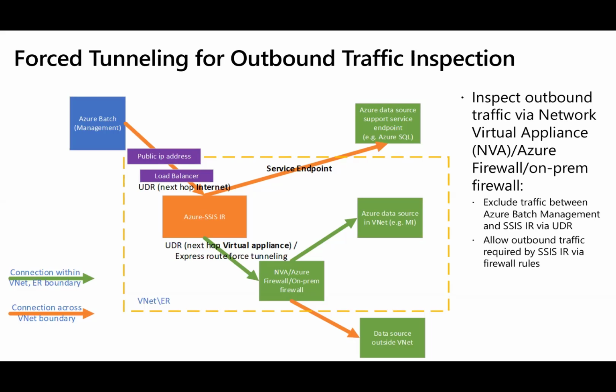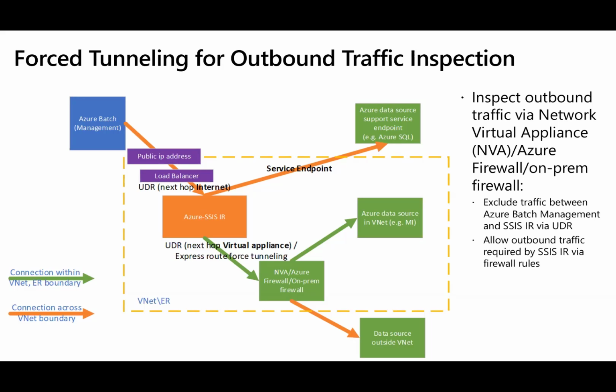You have to make sure that some traffic is excluded from this forced tunneling and inspection, especially traffic between Azure Batch Management and SSIS IR, because this is traffic that is required right now for managing the compute resource inside your VNet. So in order to do that, you can introduce a UDR or user-defined route inside your VNet. And also make sure that some of the outbound traffic required for SSIS IR to connect to ADF or Azure storage is open on your firewalls. Okay.